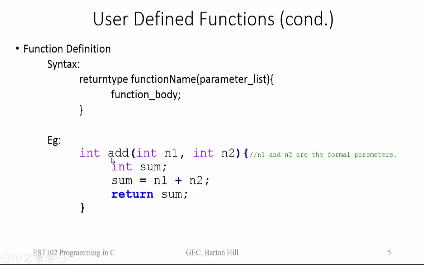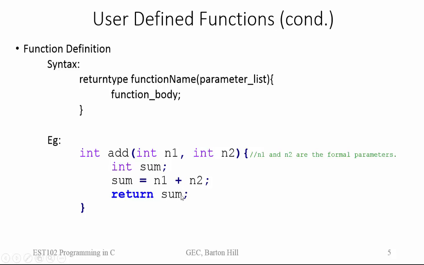For example, here we have a function to add two numbers. The name of the function is add, and it takes two arguments n1 and n2, both of type int, so we have given it as int n1, int n2. Then we have declared a variable sum. Sum is adding n1 and n2, and it is returning the value sum.